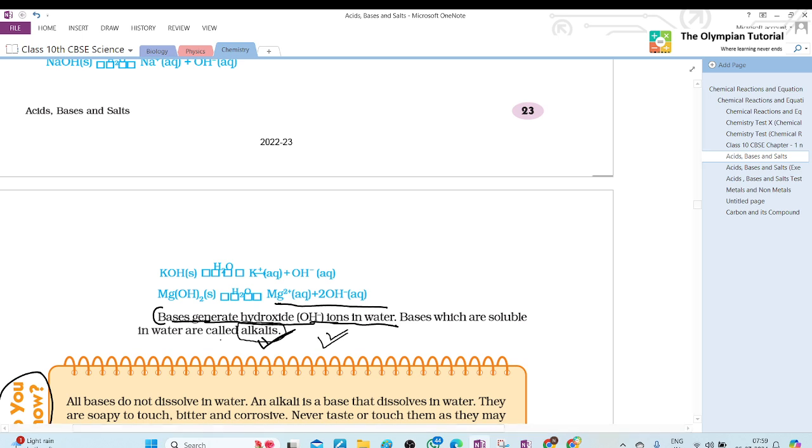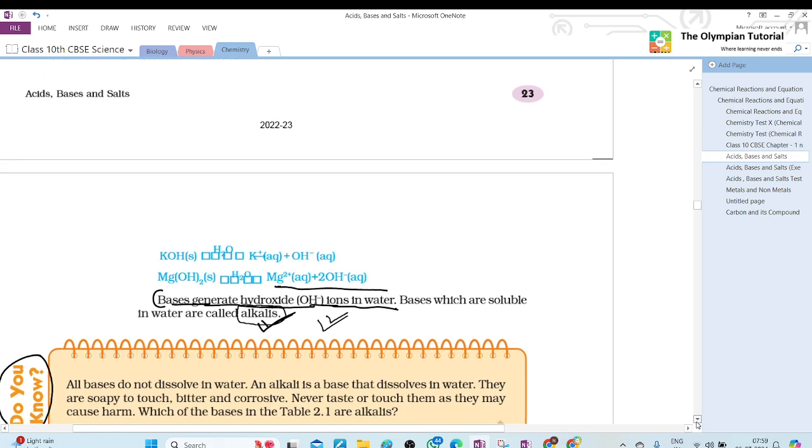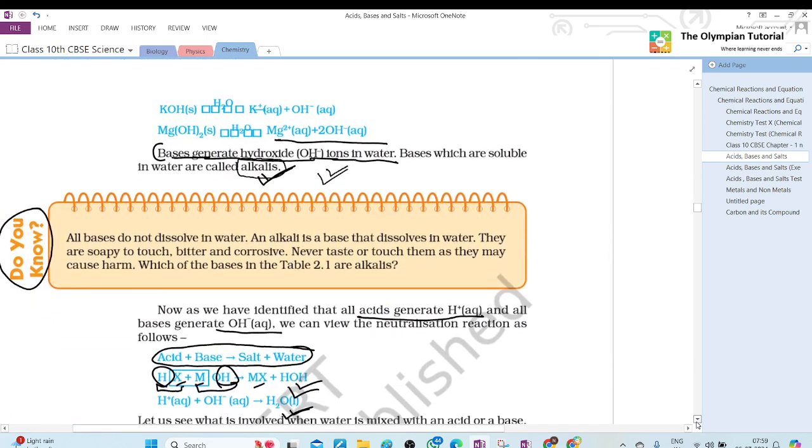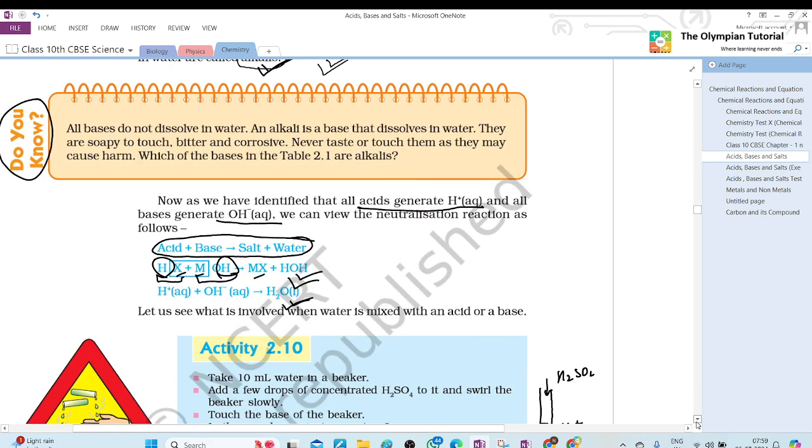Okay, what are alkalis? Bases which are soluble in water. So all bases do not dissolve in water. All alkalis are bases that dissolve in water. They are soapy to touch, bitter and corrosive, and we should never taste them. Are you okay with it?